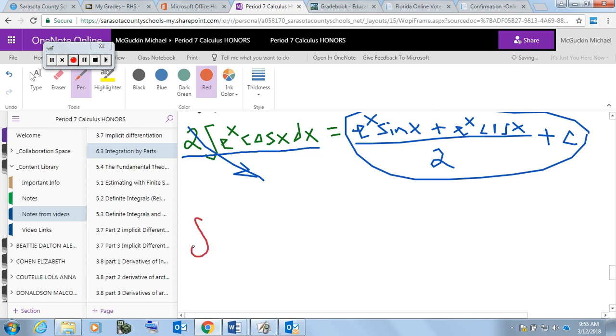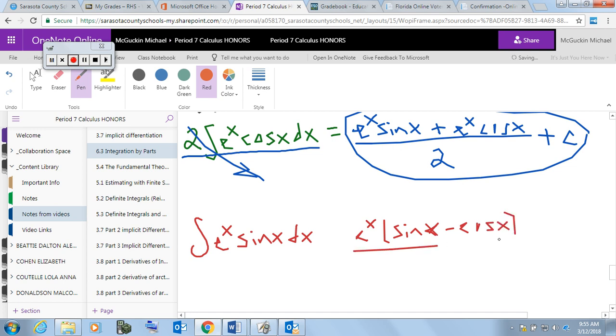You want to find the integral of e to the x sine x dx, and then I hope that you end up in the end seeing e to the x times the difference of sine x minus cosine x, all divided by 2. All divided by 2, and then of course your constant of integration as well.